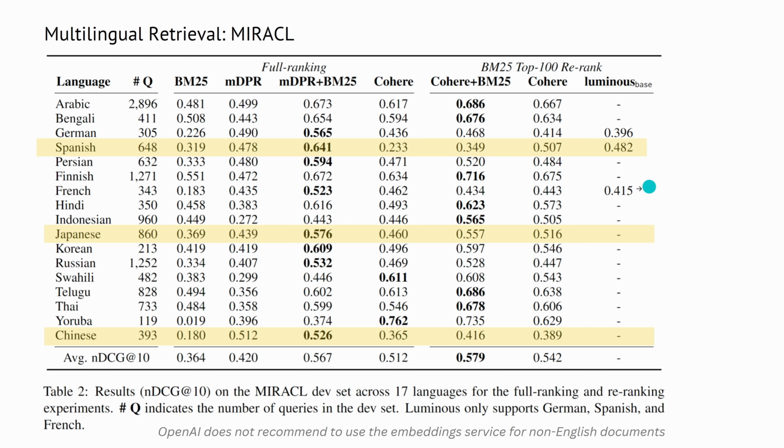So you have comparable data in only three languages. But Cohere, and this is the benefit of Cohere, is really a multilingual LLM that offers you all the different vector embeddings. And as you can see here, for Arabic, for example, you have Cohere, but not the pure Cohere, Cohere plus BM25 in addition.